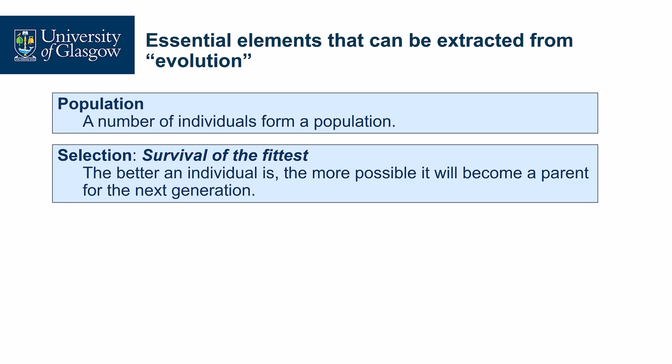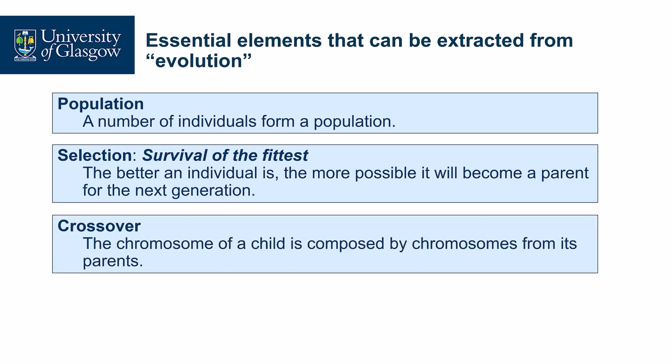Not only population and selection, we also need to exchange information between the individuals. So there are crossover and mutation. Crossover means the chromosome of a child is partly from his father and partly from his mother; it's composed of the chromosomes of his parents.